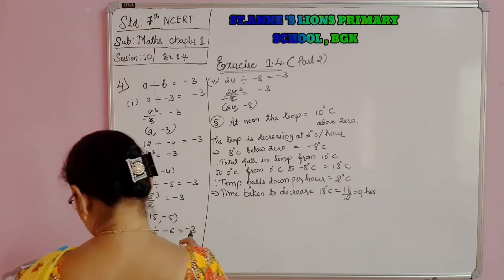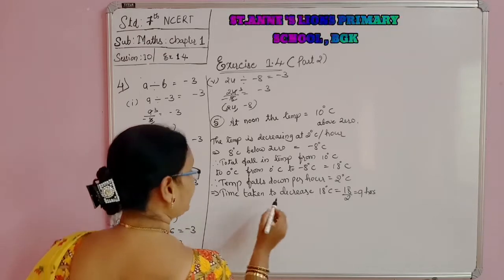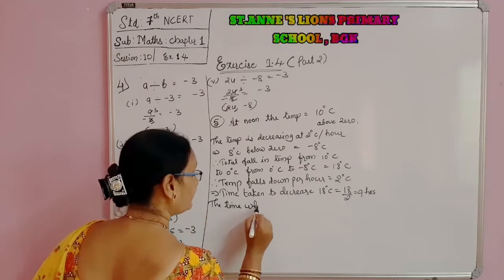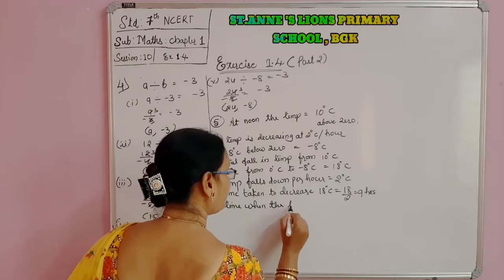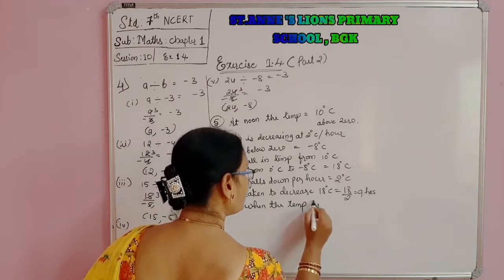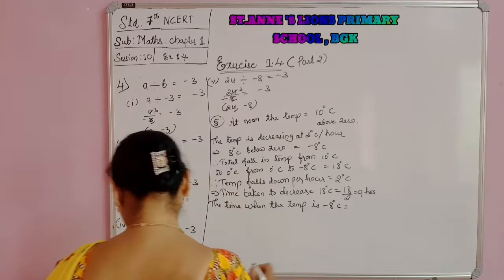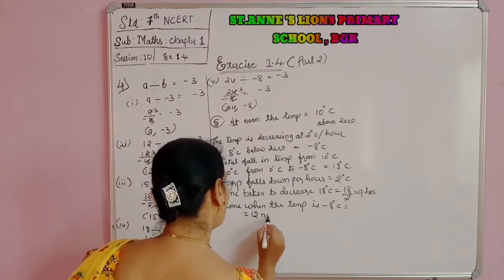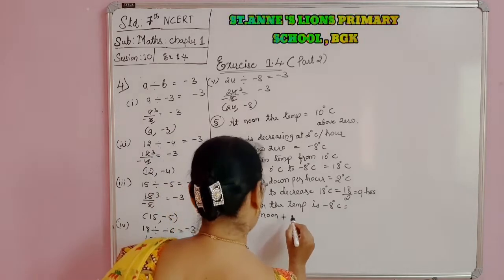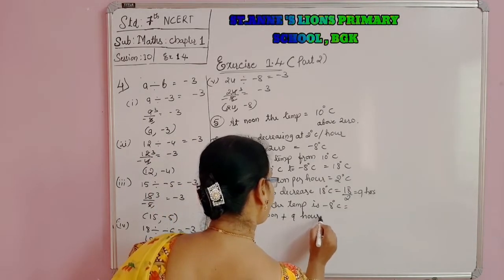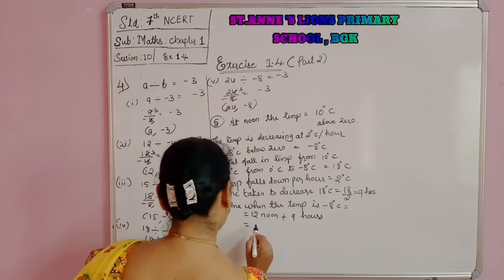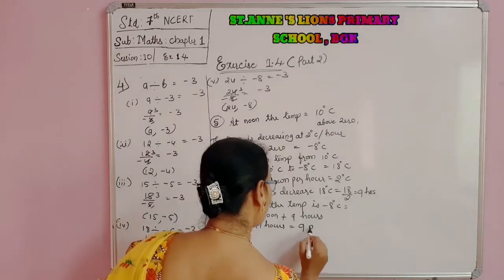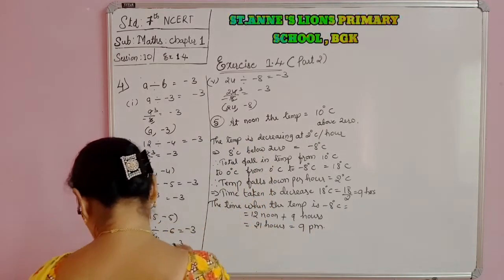Then the time when the temperature is minus 8 degrees Celsius is equal to 12 noon plus 9 hours. That is 21 hours, which is 9 p.m.